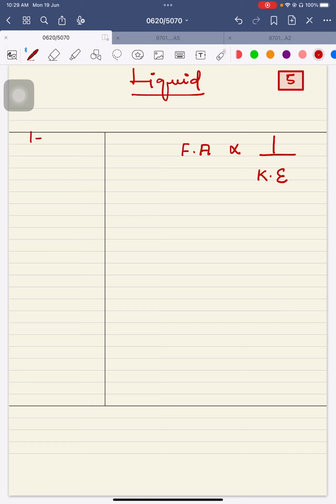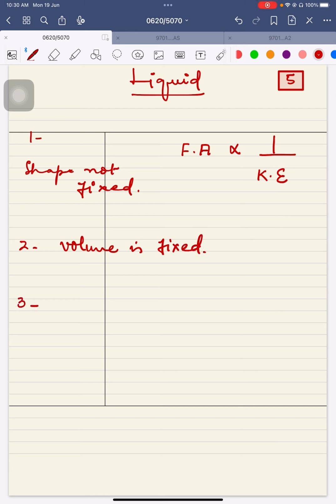Right now I am telling you that if we are talking about the properties of the liquid, we can say that shape is not fixed. And what about the volume? Volume is fixed. Okay.